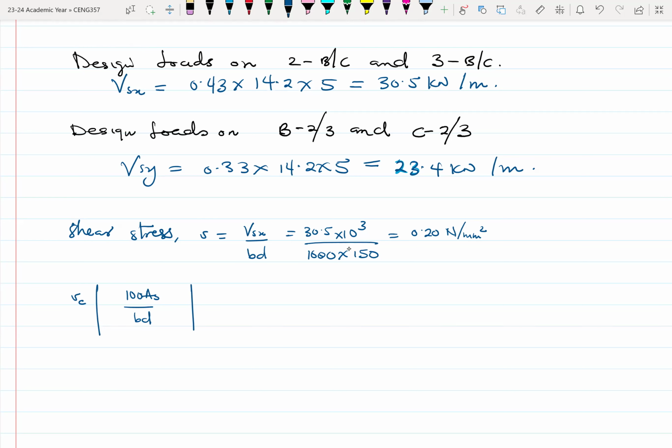Okay, 100As over bd will be equal to 100 times the As, which is 314. We know the area of steel coming to that side is 314, and then the b again is 1,000 because it's a slab. We always assume a 1 meter length. Then times 150. Okay, so this should give us 0.21.